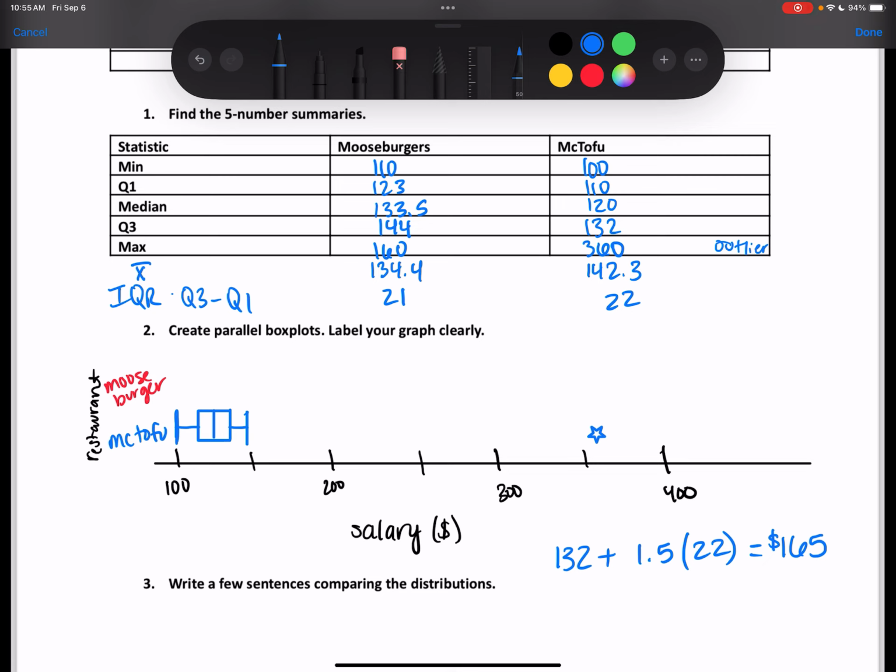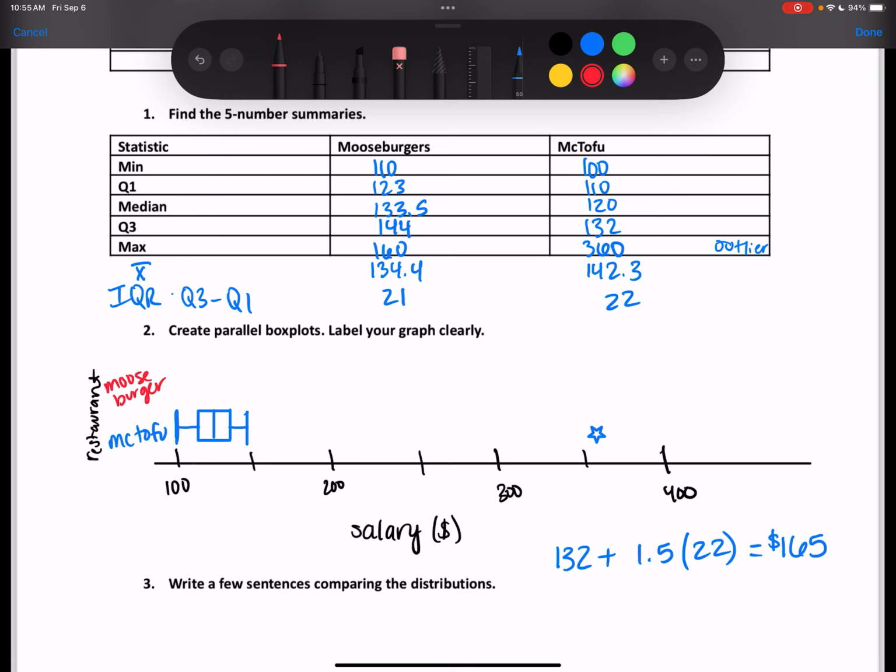All right, Moose Burger. I've got the max is 160, Q3 is 144. Probably beneficial to check and see if I have an outlier on the high end. I can pretty much say I won't have one on the low end. I think on the high end I'm good, but always good to check.